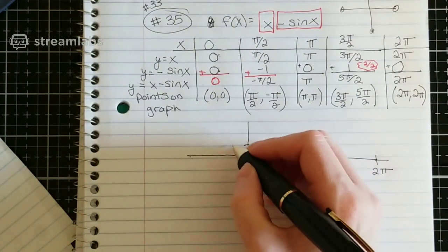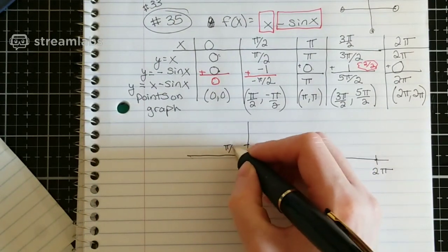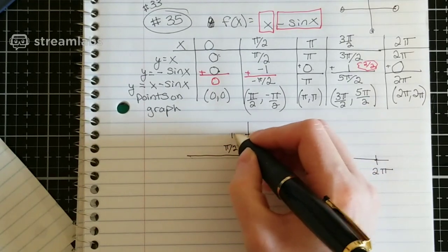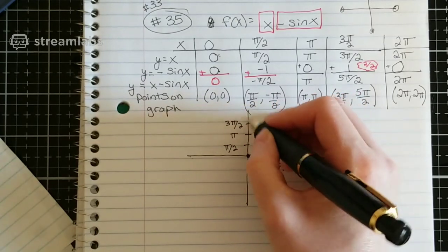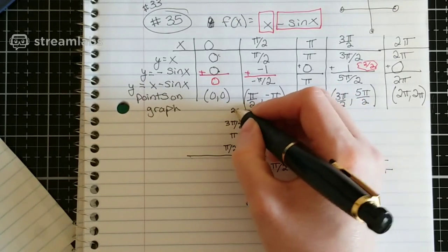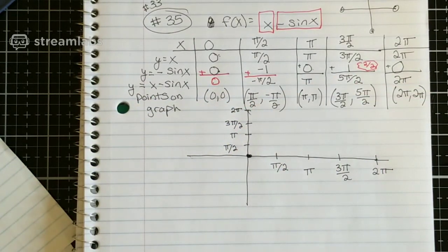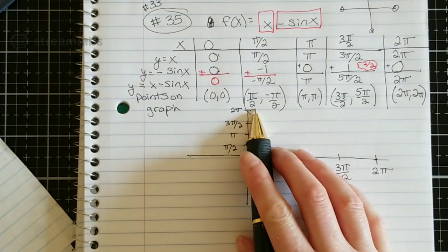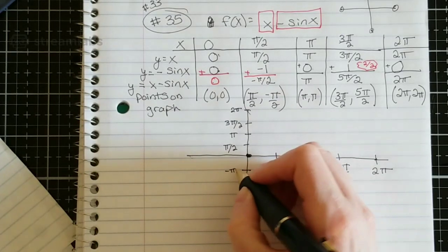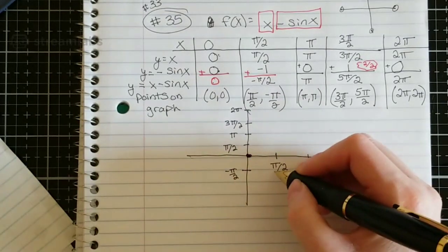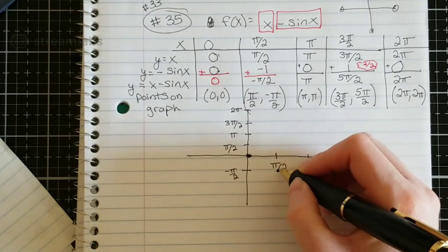Okay, then over here we'll get pi over 2, pi, 3 pi over 2, 2 pi. All right, so our second dot is going to be pi over 2, negative pi over 2. Well, negative pi over 2 would be over here. So pi over 2, negative pi over 2.